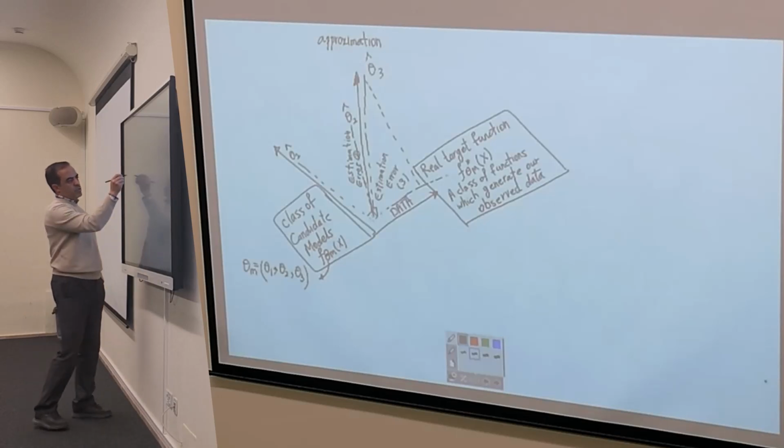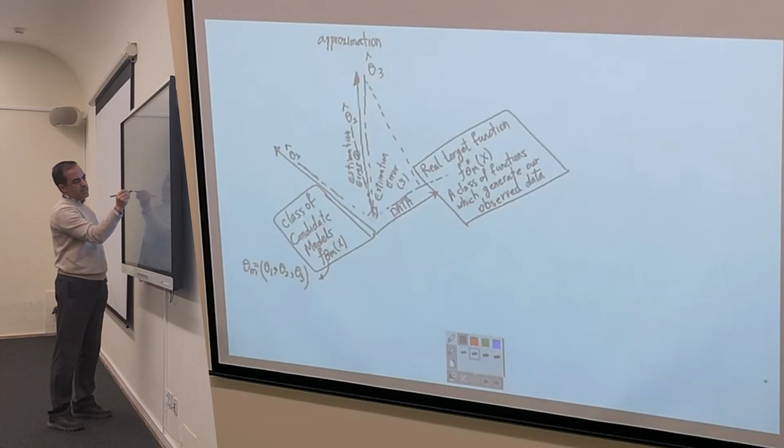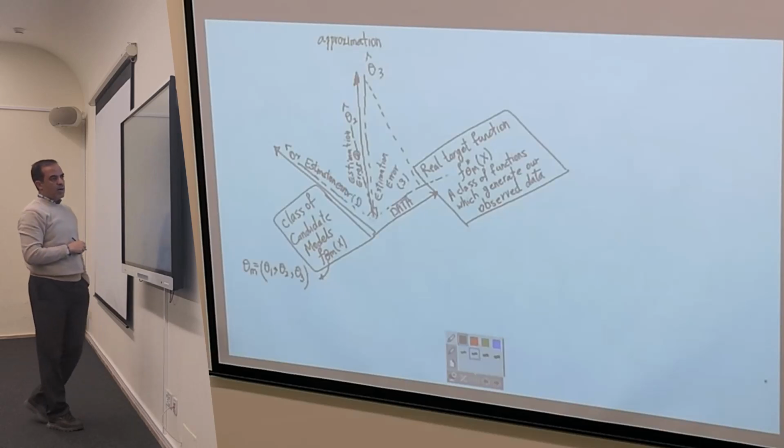And here also I have this distance. So this is the estimation error for theta 1.